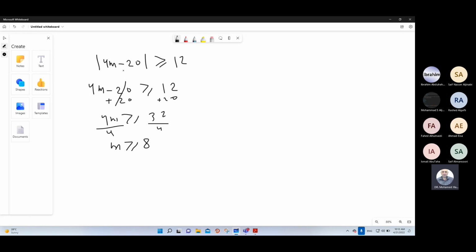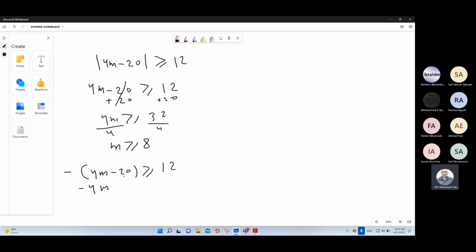Then the second case, if the value inside the absolute value is negative, we multiply this value by negative. Use the distributive property here. Minus times 4m will be minus 4m.